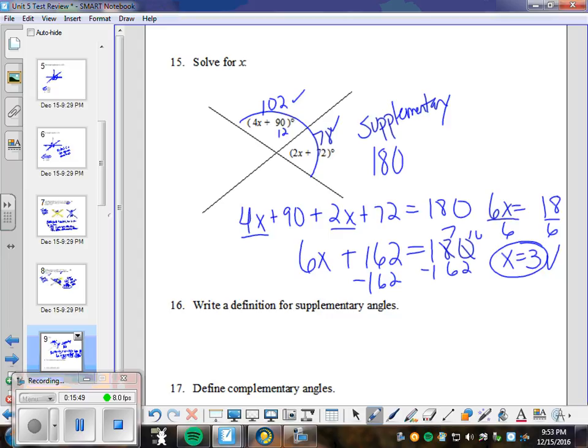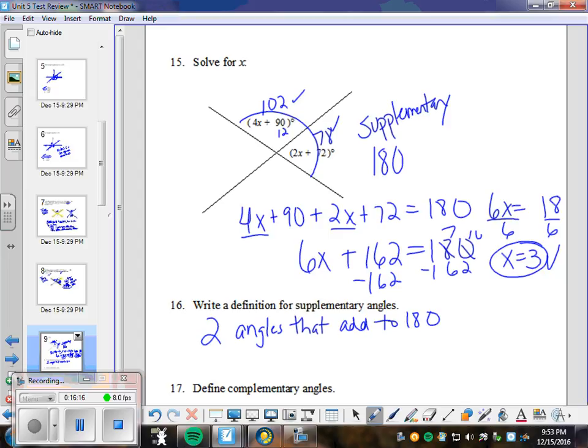Okay, write a definition for supplementary angles. Two angles are supplementary if the sum of their angles is 180. If they add up to 180. Two angles that add to 180. Okay.